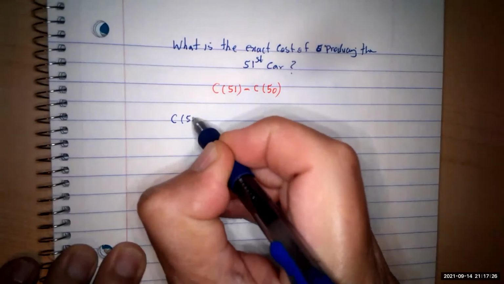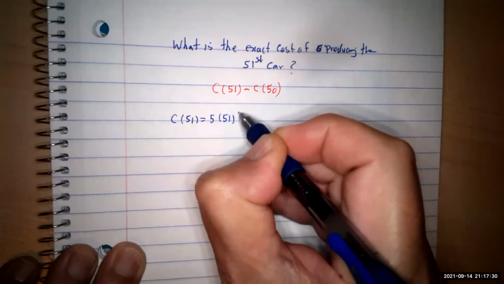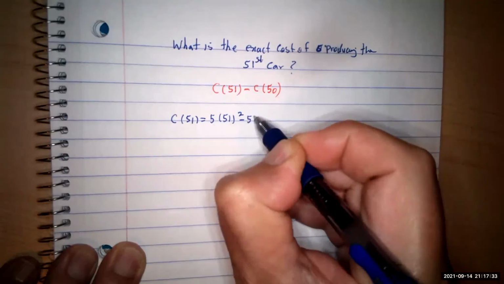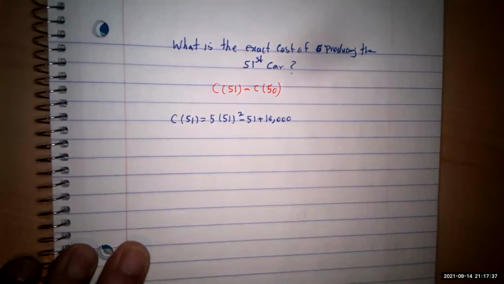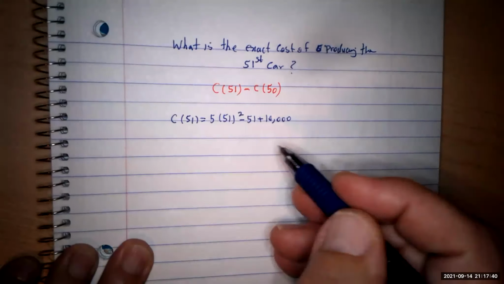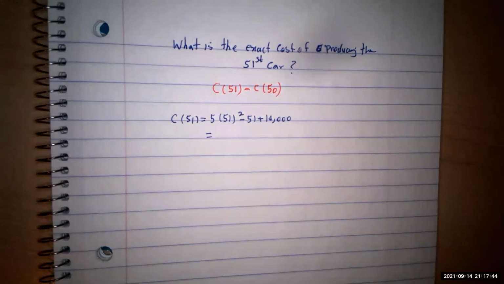So C of 51, you go to the function, and this is going to be 5 times 51 squared minus 51 plus 10,000. You can use a calculator to find this one. It's not going to be difficult. 51 times 51 is 2601, and you multiply it by 5.